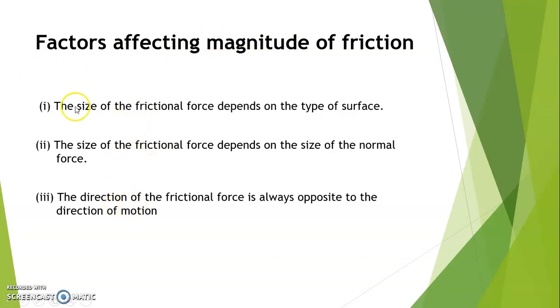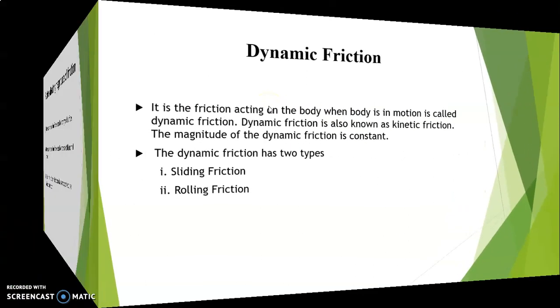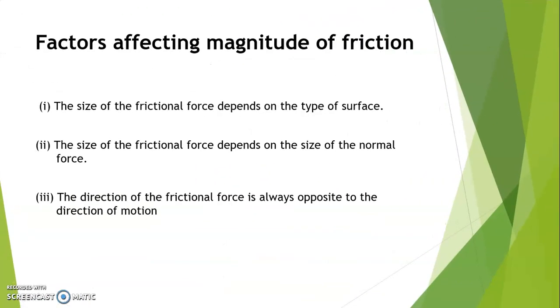So number one is that the size of the friction force depends on the type of surface. In this case, we are going to discuss the types of surfaces as two: either a smooth surface or a rough surface. For a rough surface, the friction force is more as opposed to when the surface is smooth.